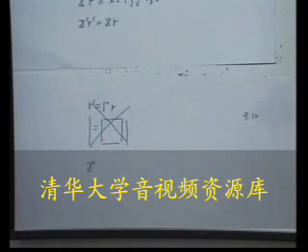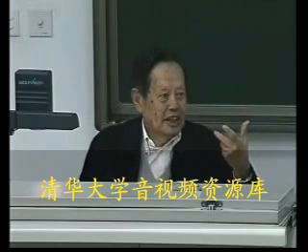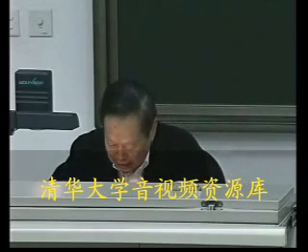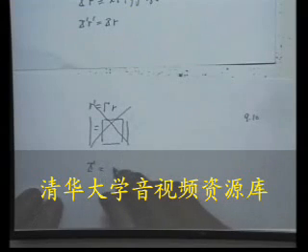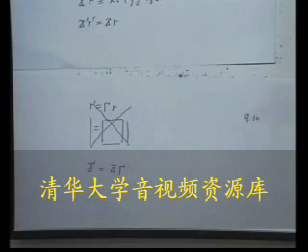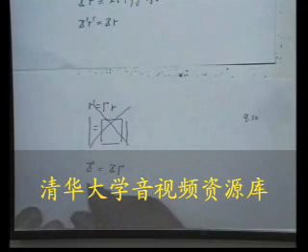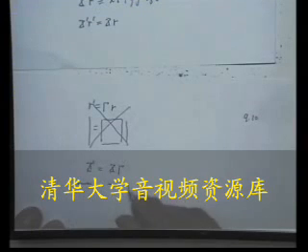And j prime, the new y-axis, is a linear combination of the i, j, k. k prime is a linear combination of i, j, k. So therefore, x prime is equal to x times a matrix gamma. This is a row, this is a row, this is a column.